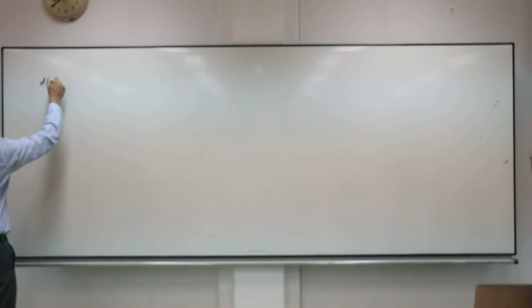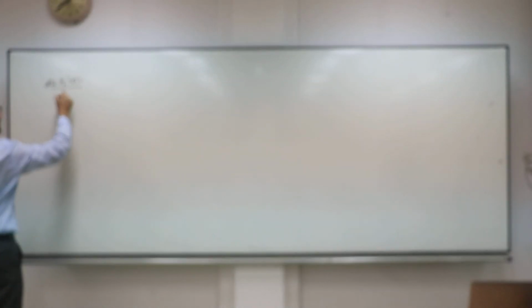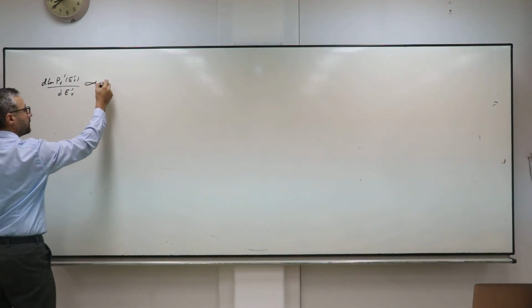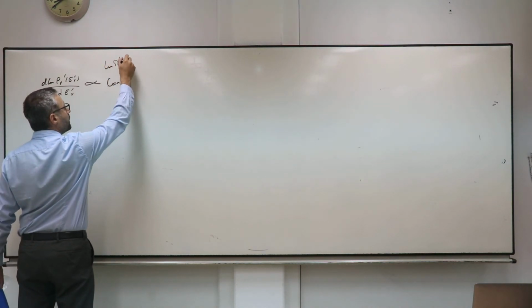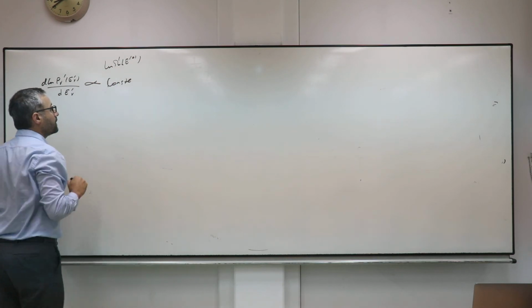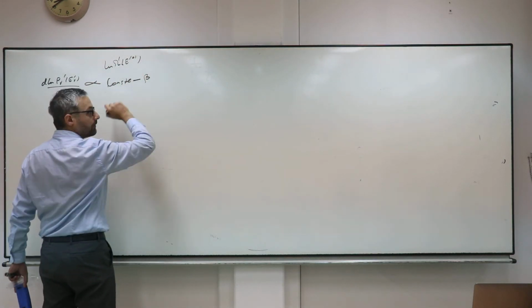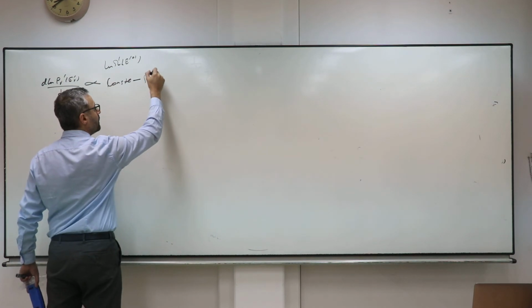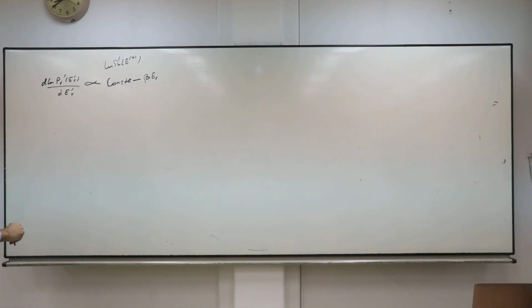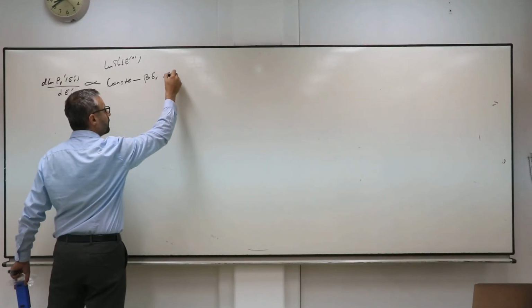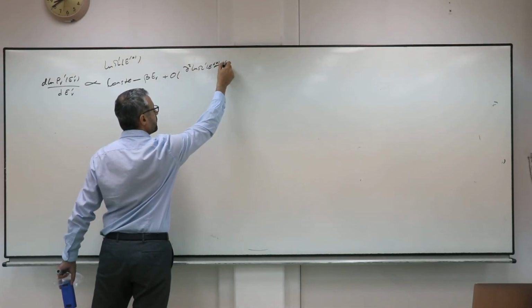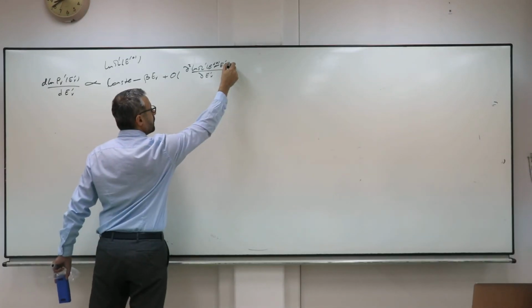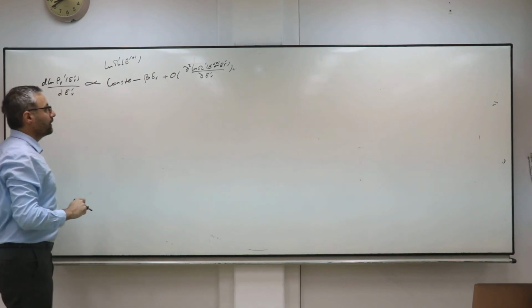So ln P prime of ER is proportional to, the first term is some constant. The first term was ln omega prime E0. This is a constant number. Minus beta ER. And of course the higher order terms, like the second derivative of ln omega prime E0, but we don't consider the second order derivative.